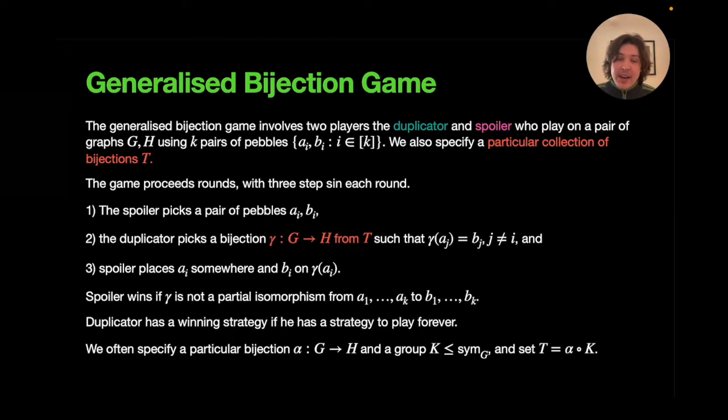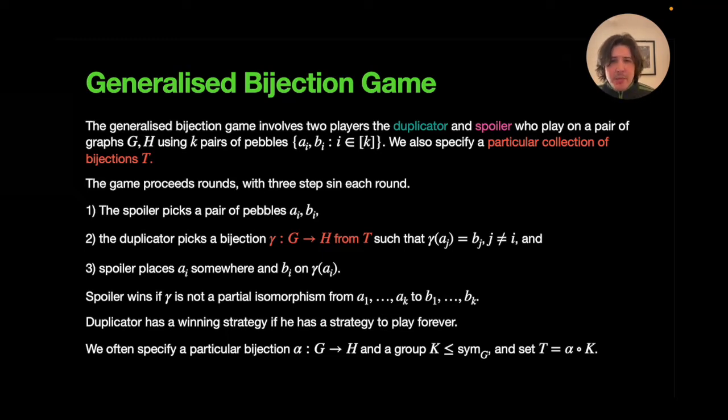Now, importantly, we generally don't specify the set of bijections directly, but instead specify a single bijection from G to H, and then a group of permutations on G, and just by composing, we get, of course, a collection of bijections.